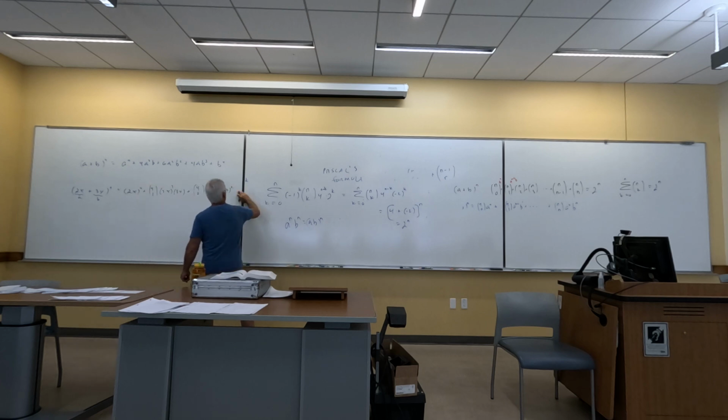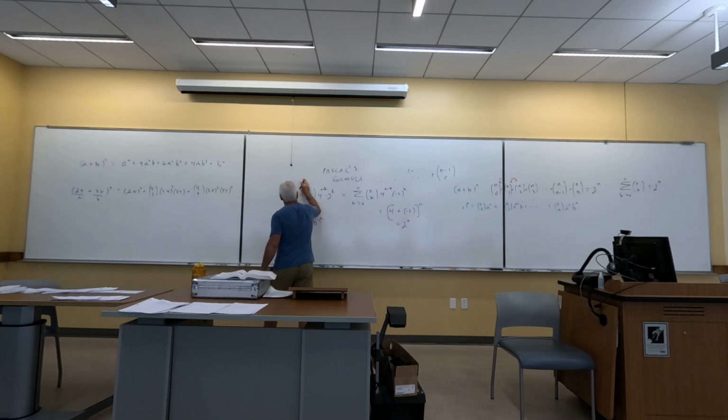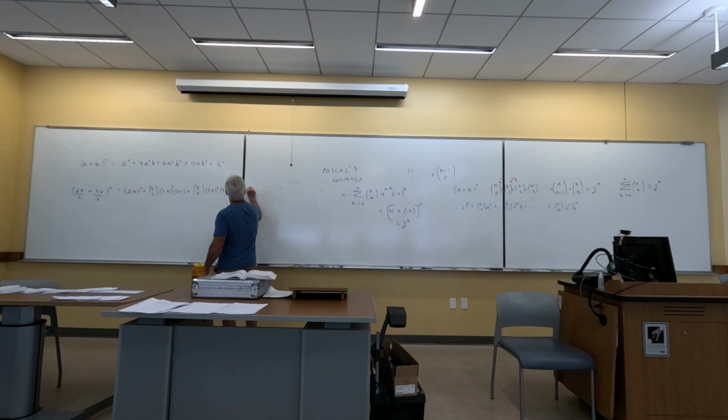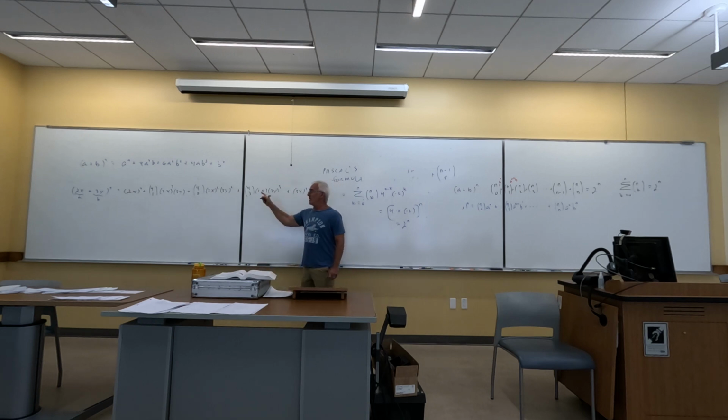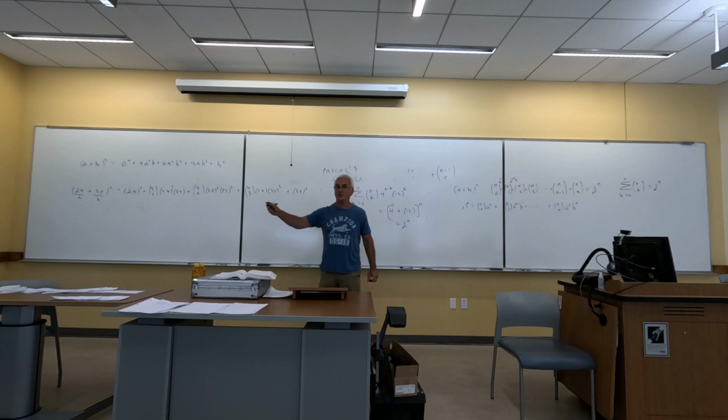There's my a squared b squared. 4 choose 3, 2x to the first power, 3y to the third power, and then finally just 3y to the fourth power because we know the last one has a coefficient of 1. So if I use the binomial expansion, I've got this.